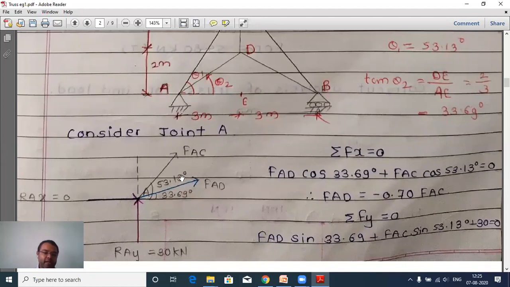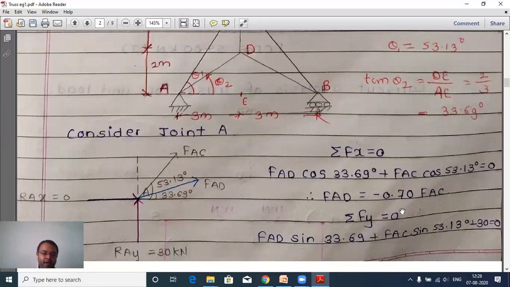For this joint, now we'll apply two equilibrium equations. Remember, we are applying the joint method. In the joint method, you are allowed to apply only two equilibrium equations, that is summation Fx equal to 0 and summation Fy equal to 0.